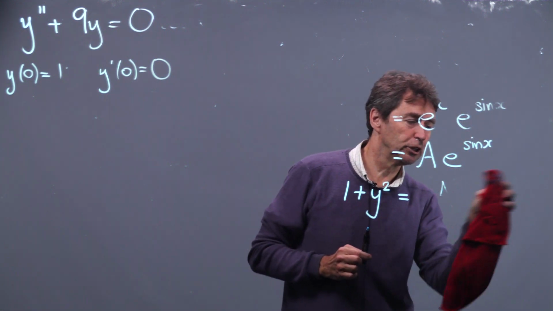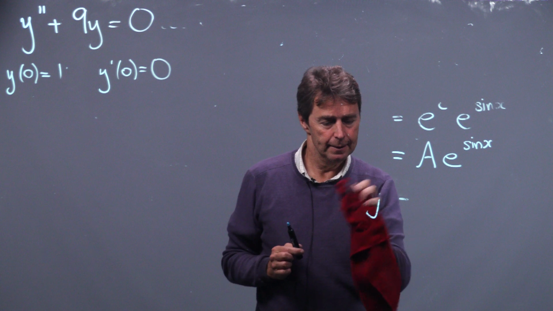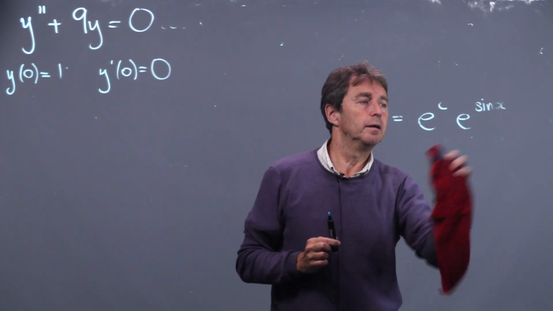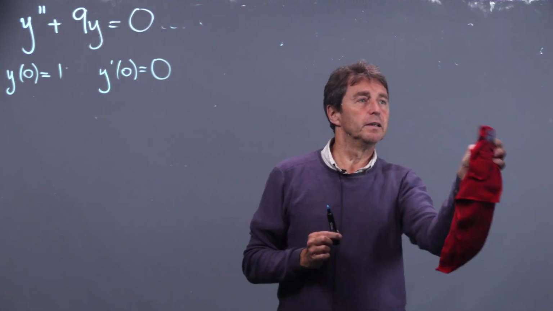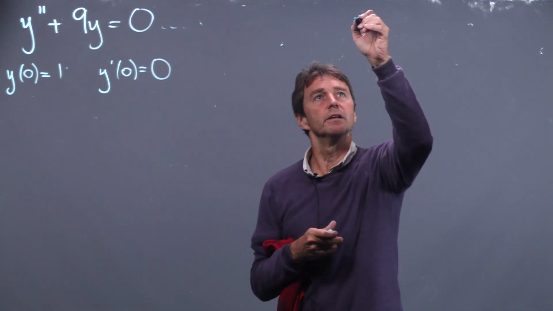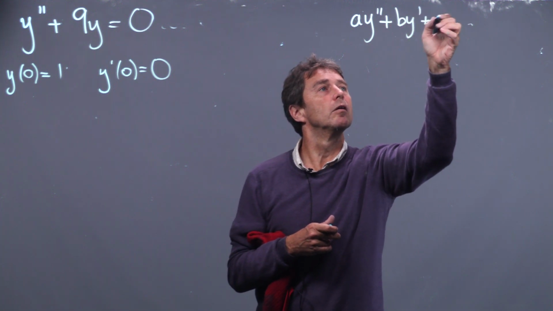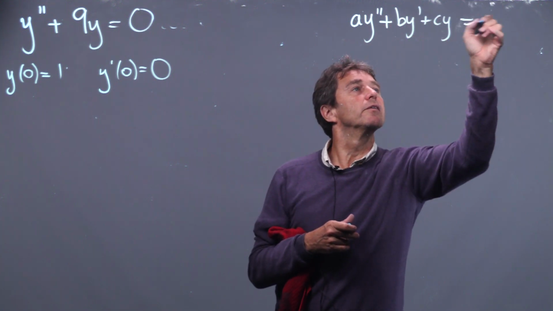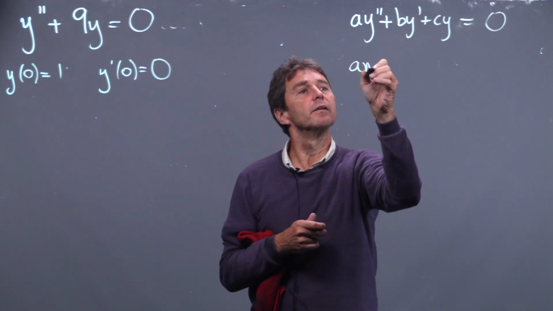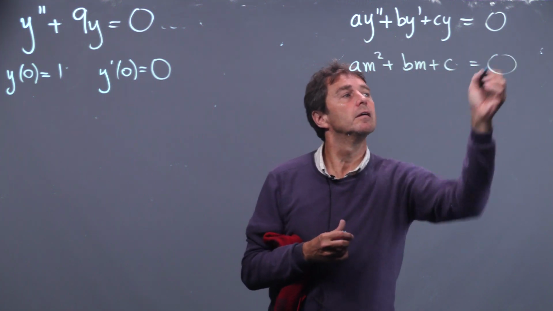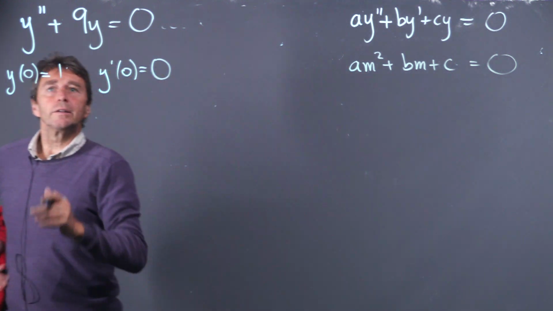So this is the homogeneous problem to start with. And the recipe for this type of problem is to look at the auxiliary equation. So in general, this is the problem, and the auxiliary equation is this quadratic.